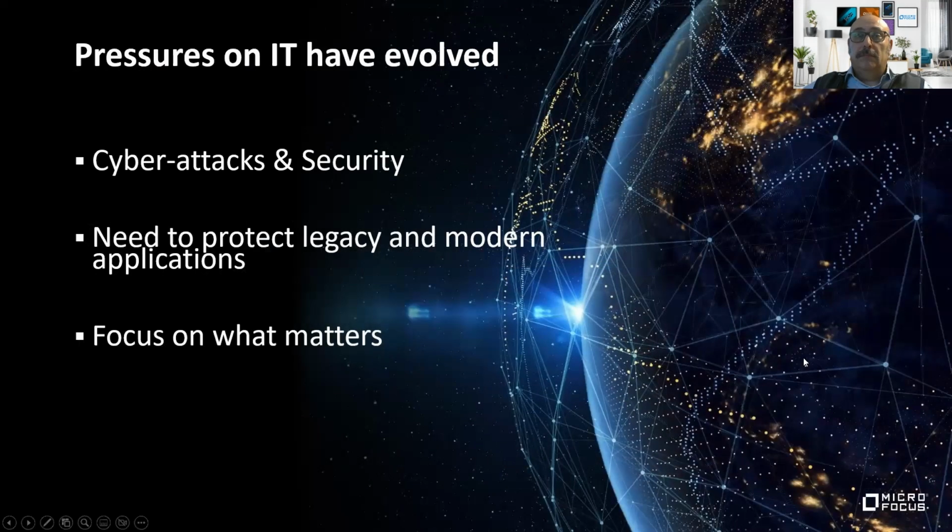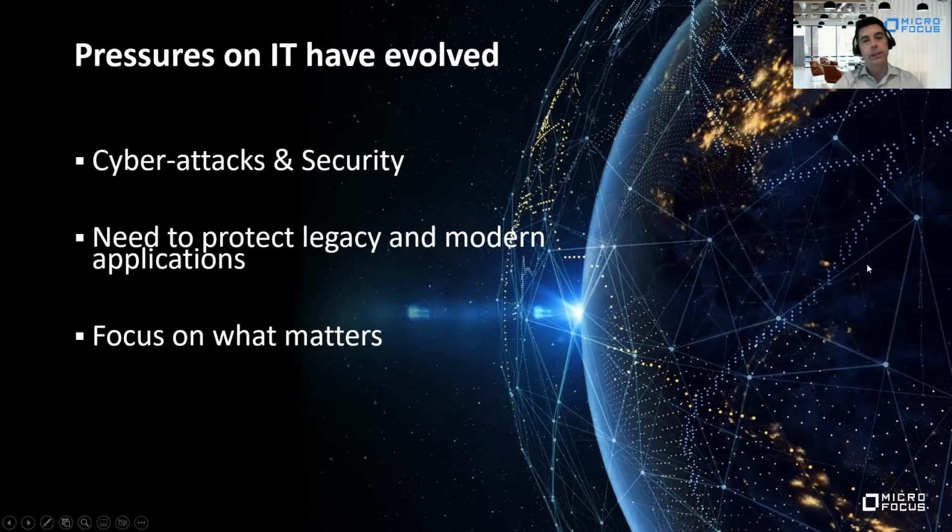So we have seen how ransomware, cyber attacks, and security concerns are becoming more and more important for companies, but we also realized that it's not only about Microsoft 365 or the cloud environments.